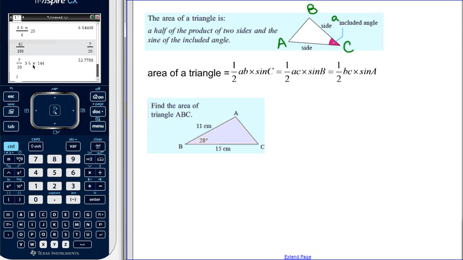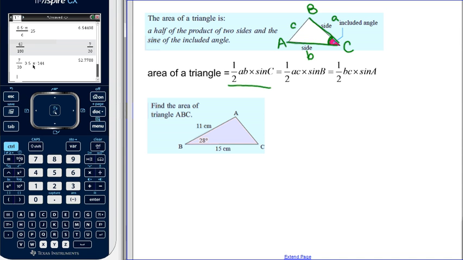Okay, side B is going to be straight across from angle B, and little side C is going to be straight across from angle C. So this first one is saying we're going to take 1/2 times this side times the sine of this angle, and that'll give us the area of the triangle.